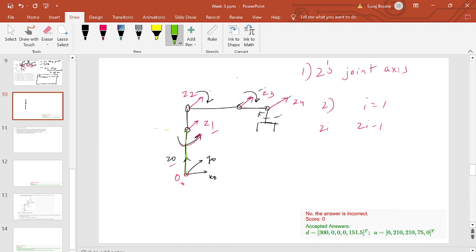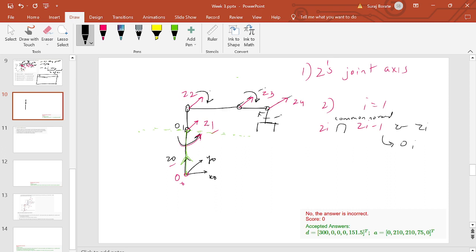It will be along this direction, because the green one is Z0 and the pink one is Z1, so the perpendicular will be along this horizontal line. Where this common normal intersects Z1, we label it O1.